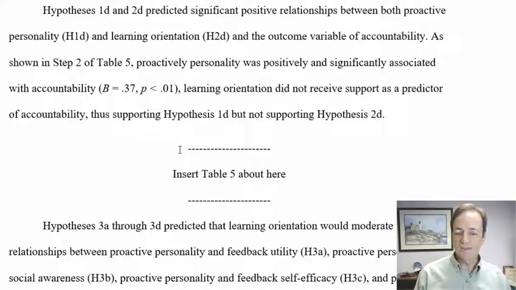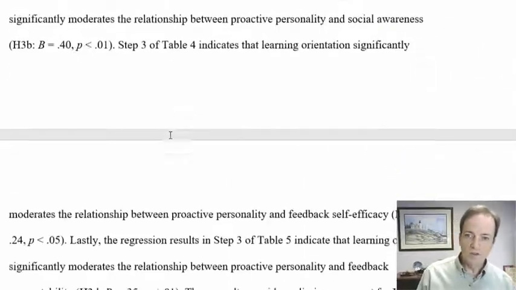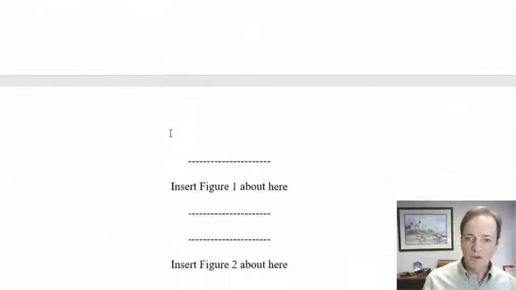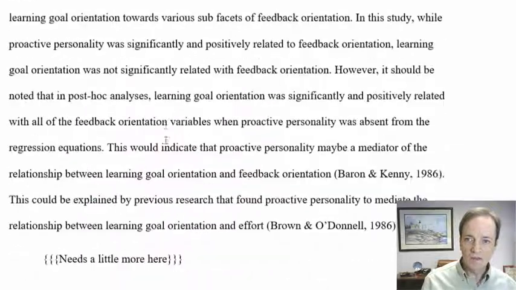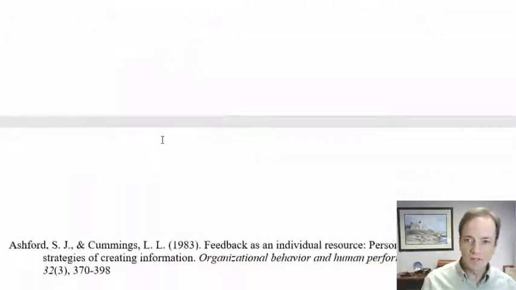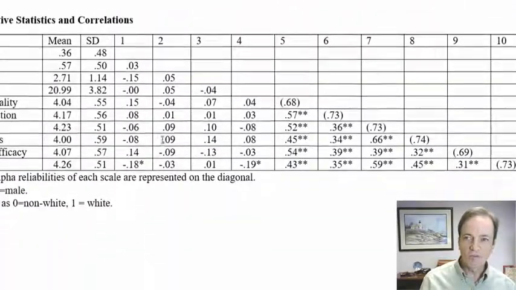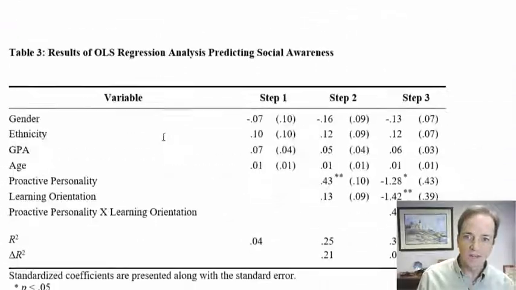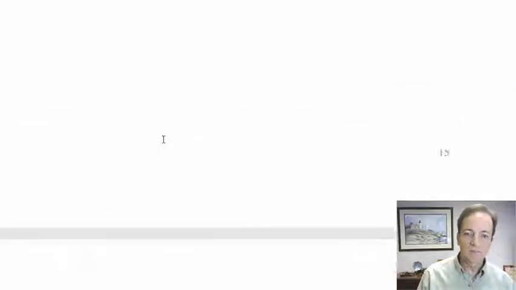For you guys, it doesn't really matter whether it turns out the way you wanted it to, because you're probably not looking at publishing this. So anyway, I added in a little bit of discussion, and then started my references, and then I've got my graphs down here in my appendix.